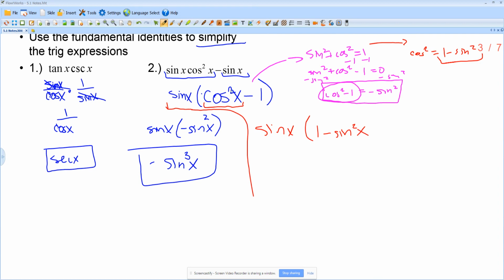And all I replaced in this case was cosine squared, so I'd have this minus 1 still. The 1 minus 1 cancels, and I'm left with negative sine squared times sine, which gives me negative sine cubed. So same answer, just a slightly different approach with how you want to show that Pythagorean identity.